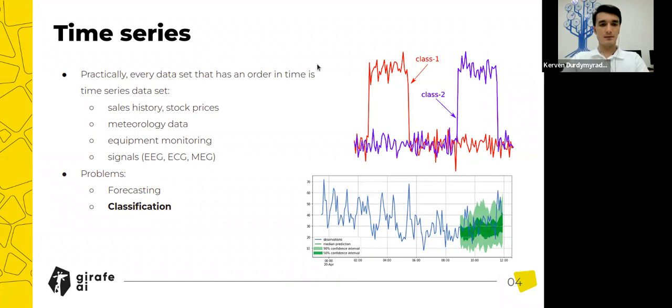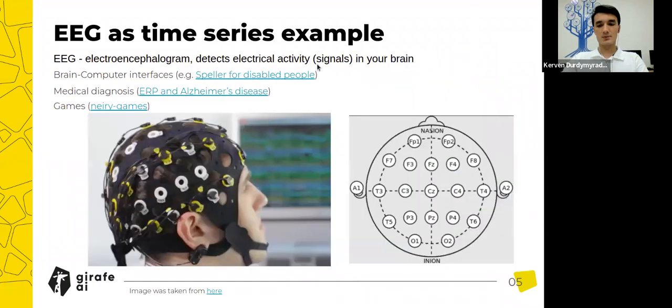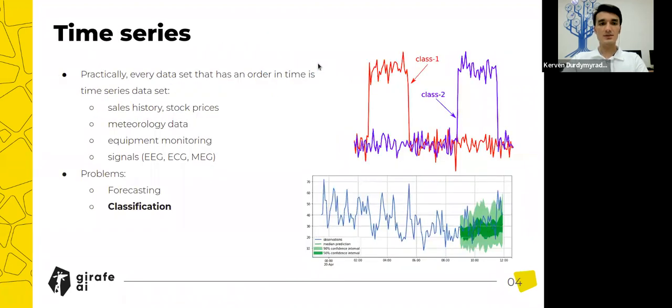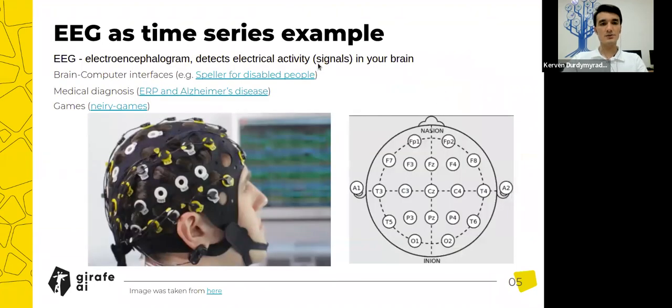Okay, then let's move on. Now let me introduce you to EEG data. It is data which is taken from our brain. It detects the electrical activity in your brain with these electrodes, as you can see in the picture. By the way, you can see my mouse, right?